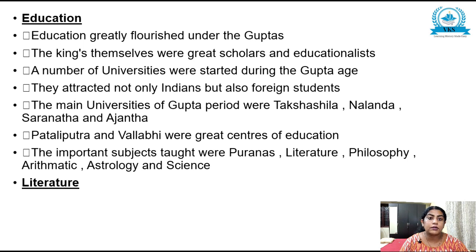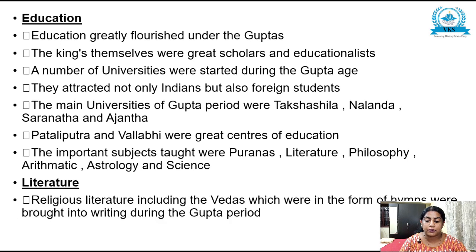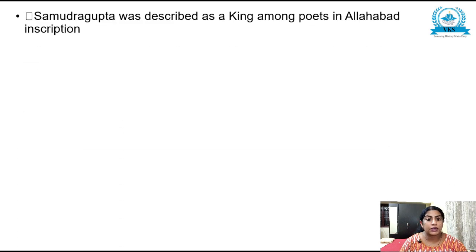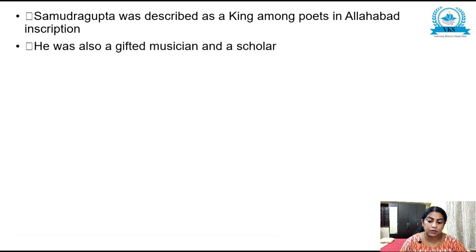The next subheading is literature. Religious literature, including the Vedas, which were in the form of hymns, was brought into writing during the Gupta period. The age is called the golden age of Sanskrit literature. Samudragupta was described as a king among poets in the Allahabad inscription. He was also a gifted musician and a scholar.